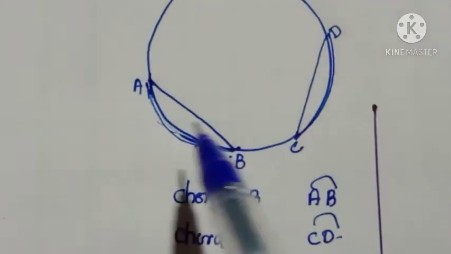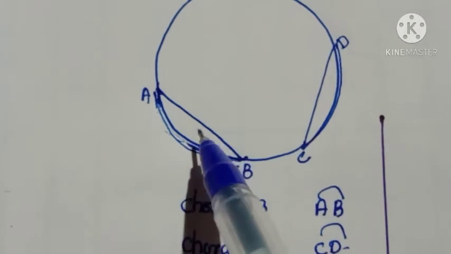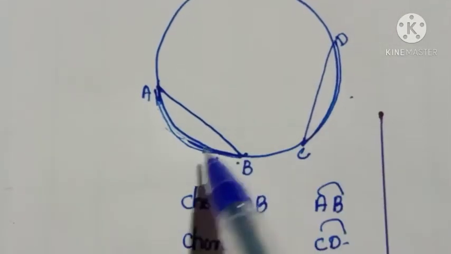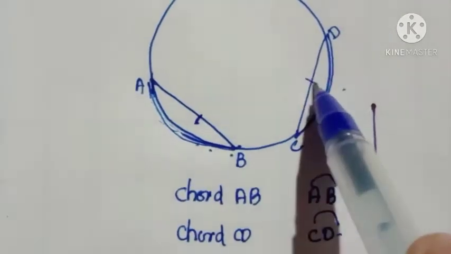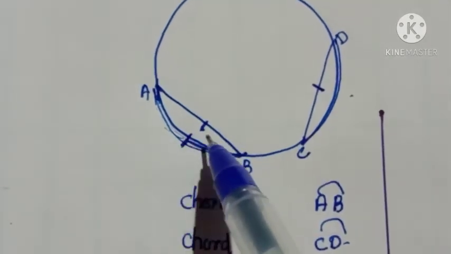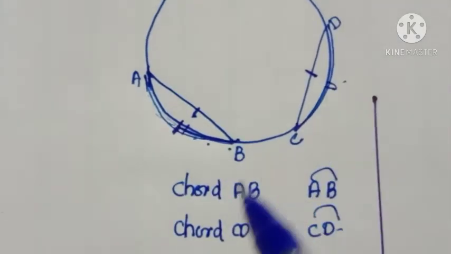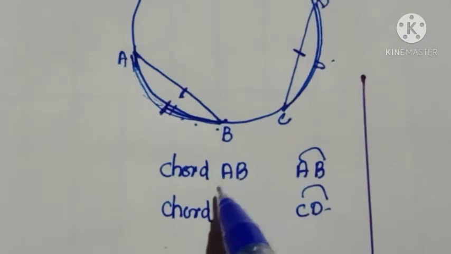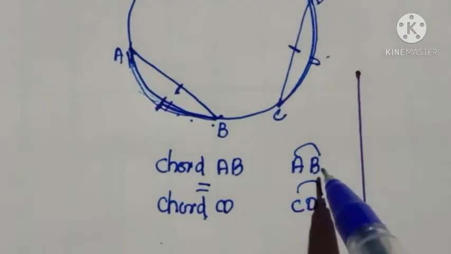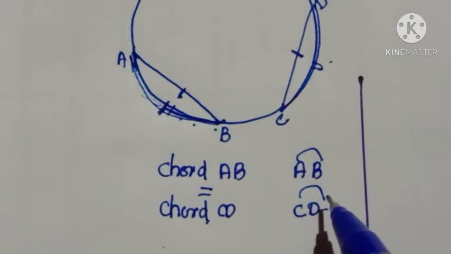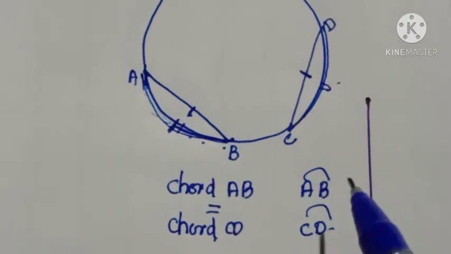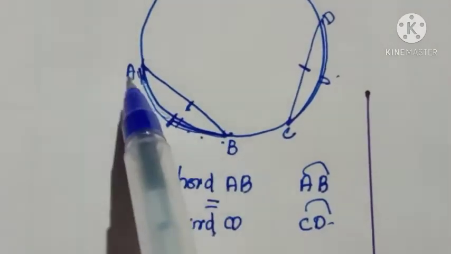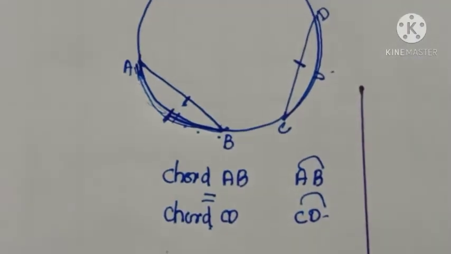So the result says that if two chords are equal in a circle, then the corresponding arcs are congruent. If chord AB is equal to chord CD, then arc AB and arc CD are congruent. Congruent means the arc lengths are the same.